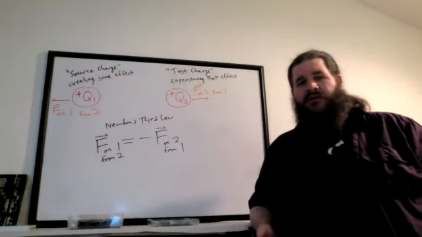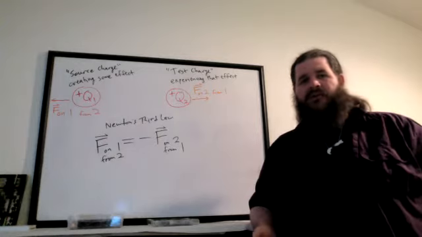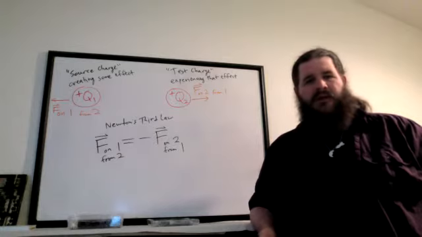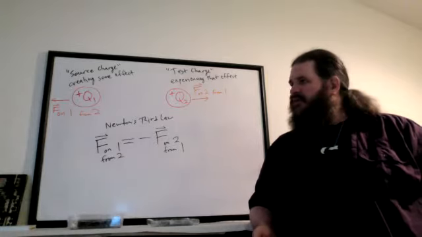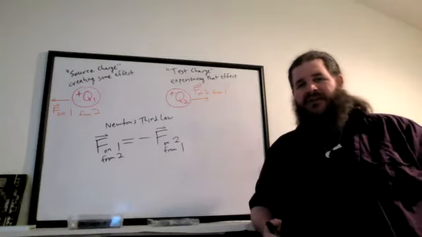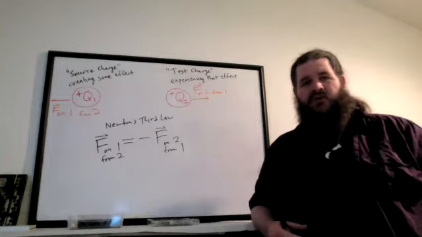It doesn't really matter which one you call the source charge and which one you call the test charge. It's really just a matter of which object do you want to figure out more information about. So usually, if there's some object where you want to find the forces on that object, you would treat that object as the test charge, and then everything else influencing it as the source charge or source charges.